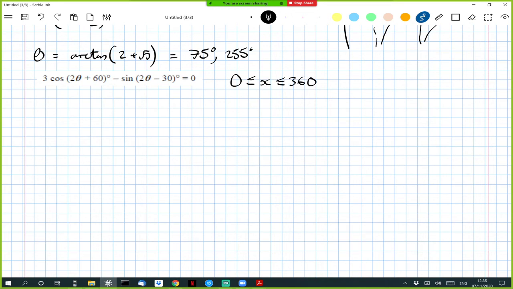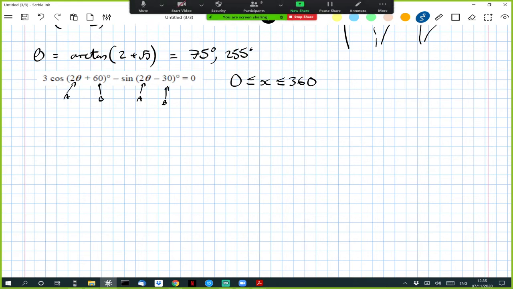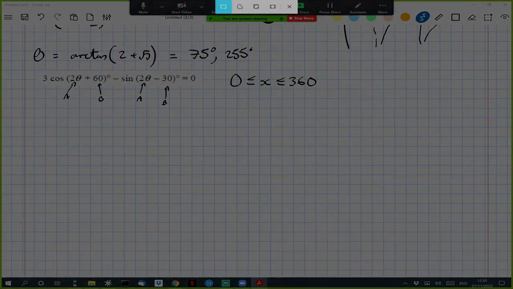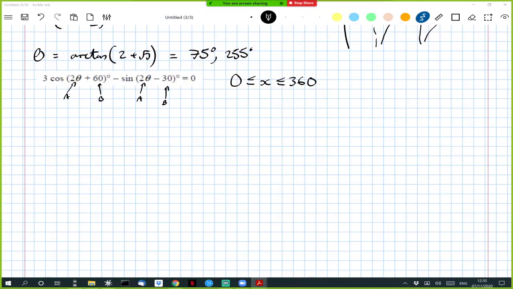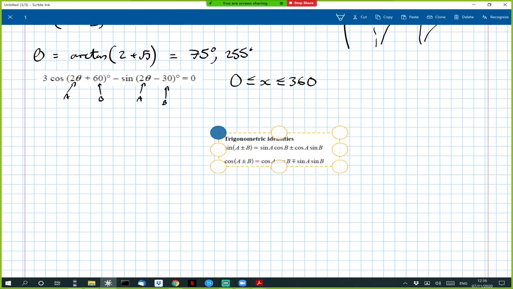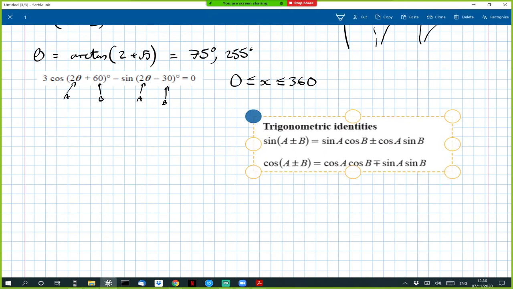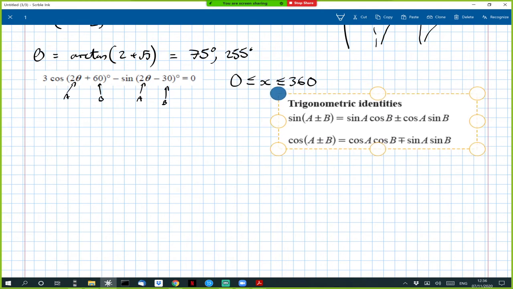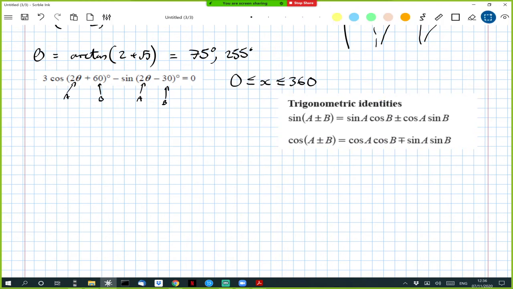So expand that, except this time, our A is 2θ, and our B is 60. Here, A is 2θ again, B is 30, making sure you choose the appropriate formulae. Put the identities there just so you can see them. Have a go at that. I'll start it in a moment. I'll give you a chance to get a little bit of a head start.